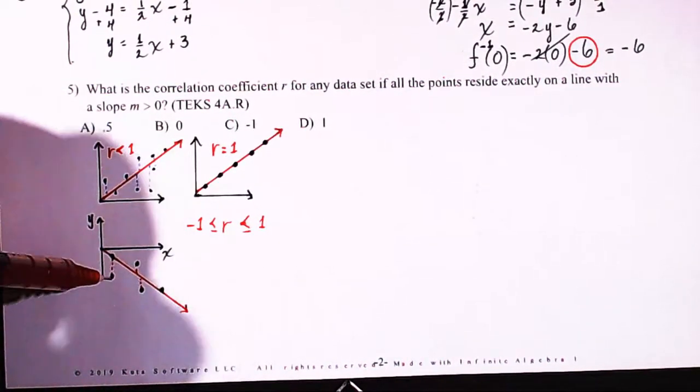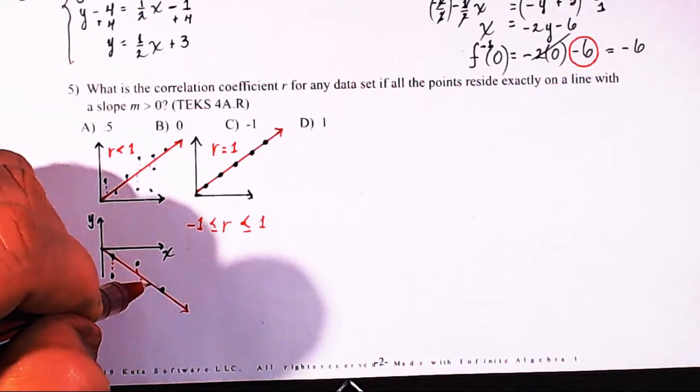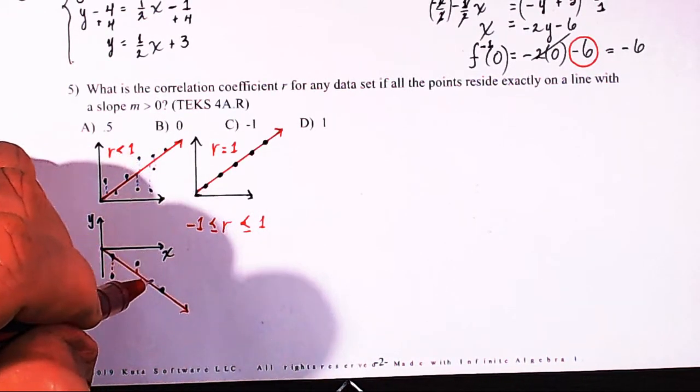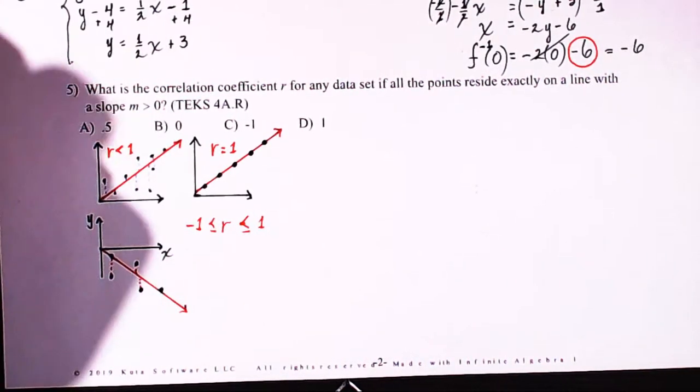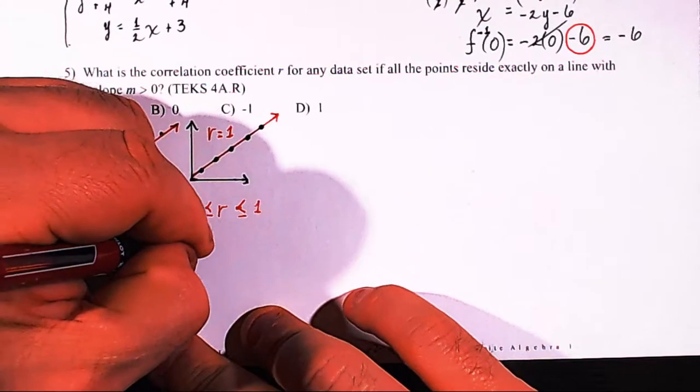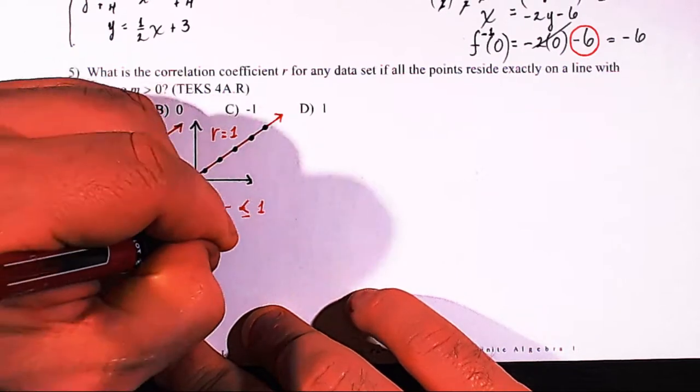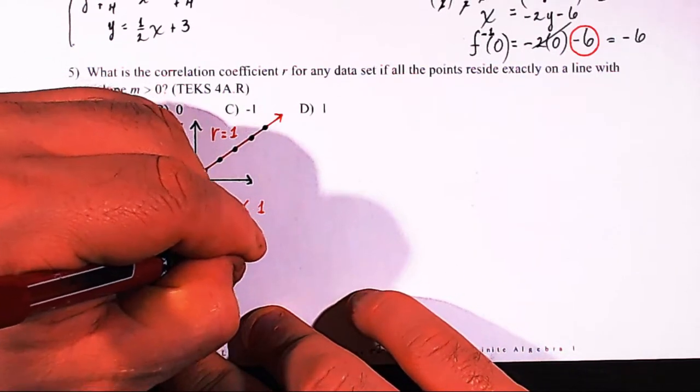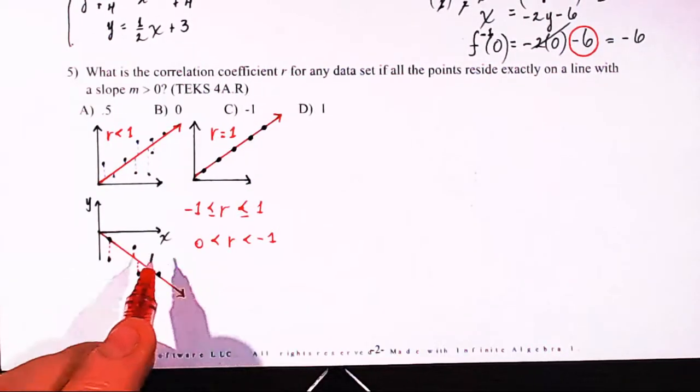So for this one, R is going to be greater than -1 but less than 0. So R is going to be between 0 and -1 here.